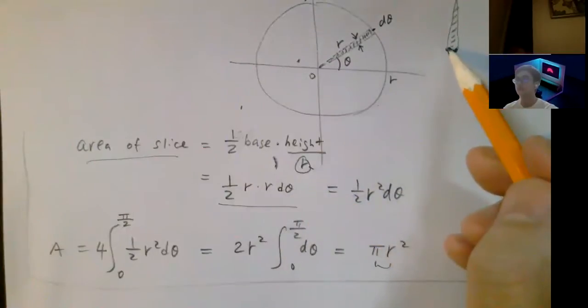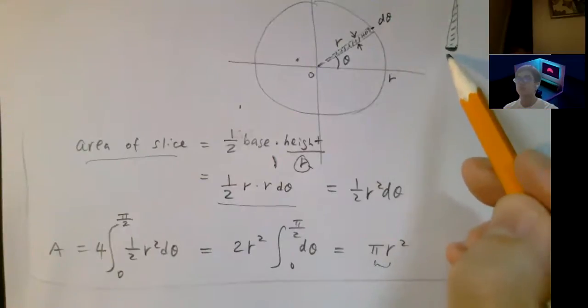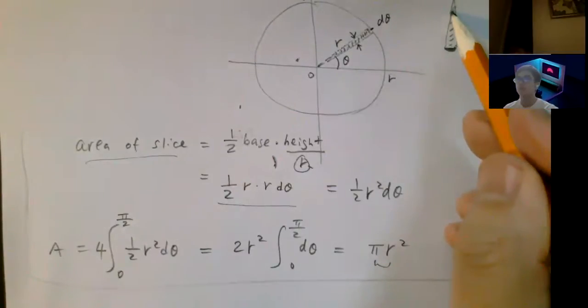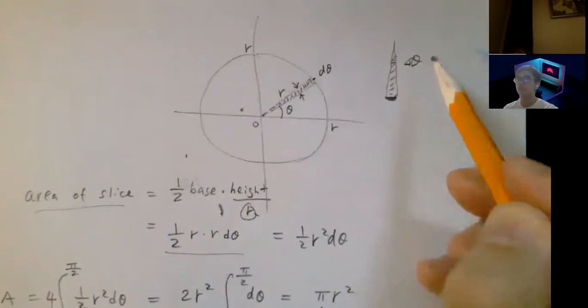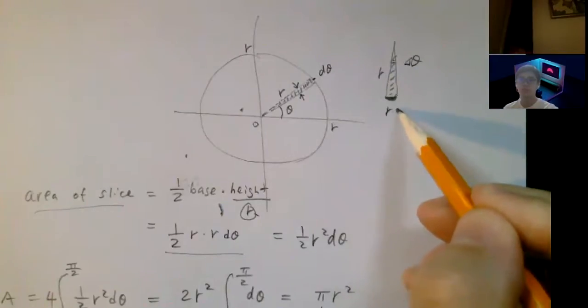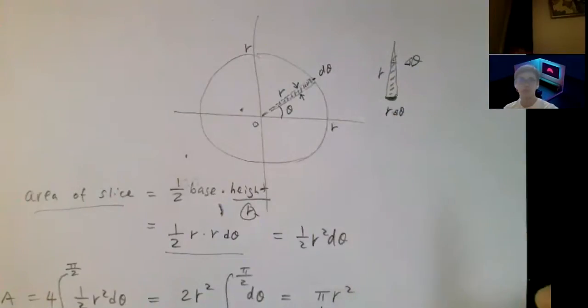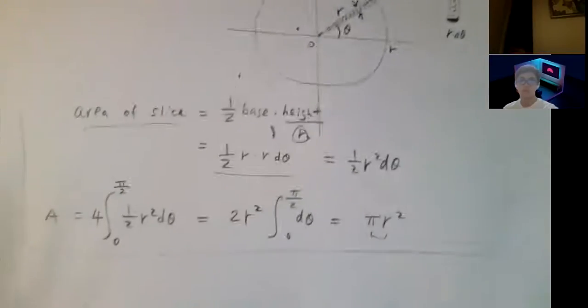Base is this tiny thing, height is r, and the tiny thing with angle delta theta, this tiny arc in radians, is r times delta theta. That's it. Any question?